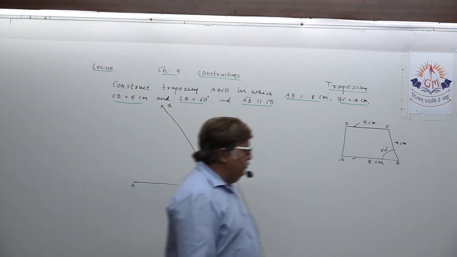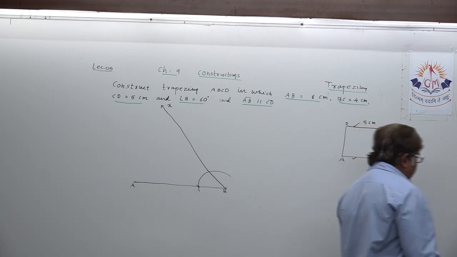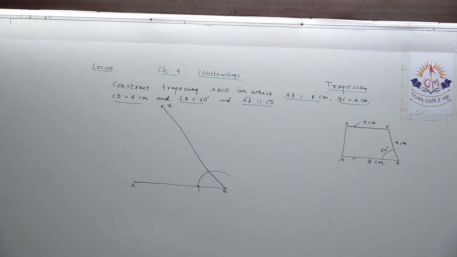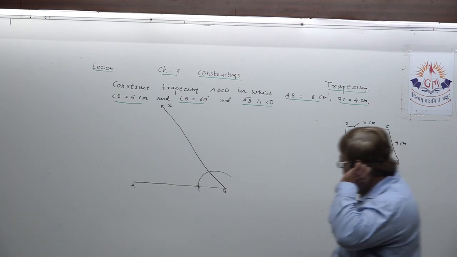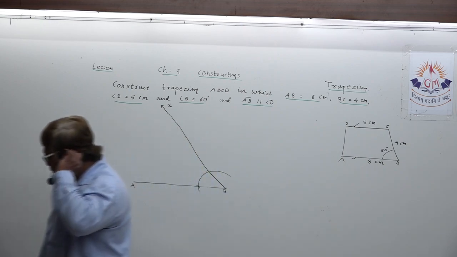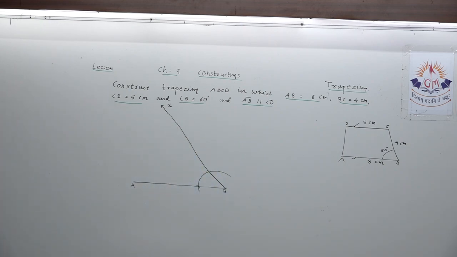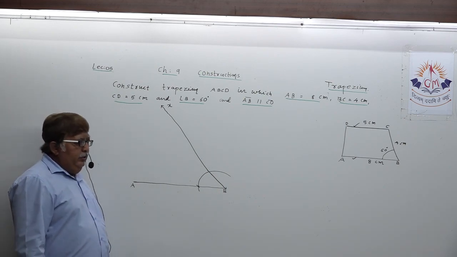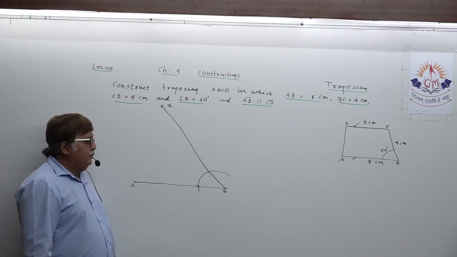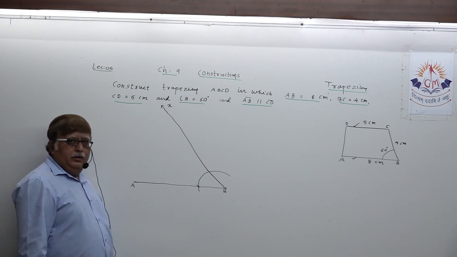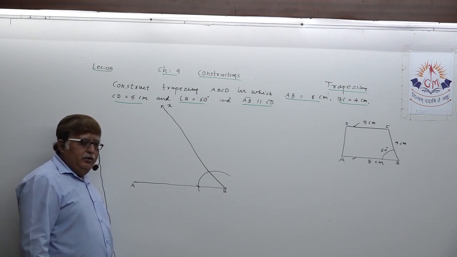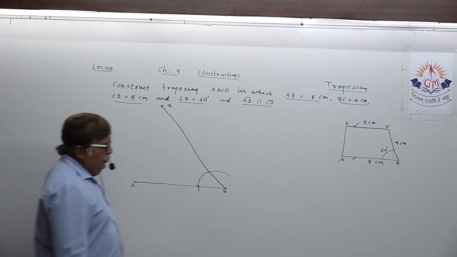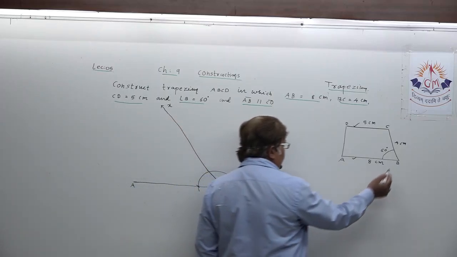First you do this. First you draw AB line segment of 8 centimeter, and then you take angle B to be 60 degree, and for realizing the angle B as 60 degree, you know how to construct the angle of 60 degree. Okay, dear student, this is accomplished.